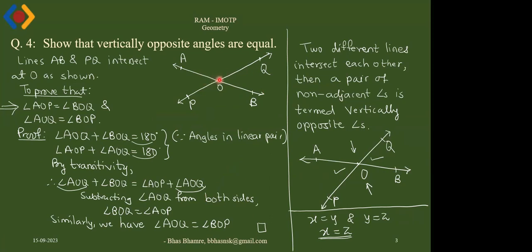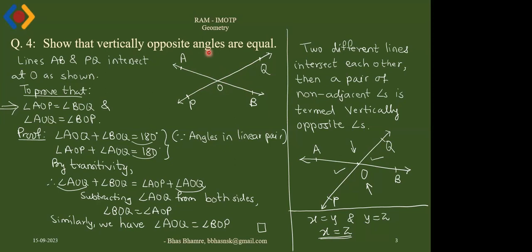But we are not going to consider straight angles. So AOQ, BOQ, BOP, AOP are the angles. If I consider AOQ and BOQ, these are adjacent angles. AOQ and AOP are also adjacent. So with AOQ, AOP can't come, BOQ can't come. The rest is angle BOP. So angle AOQ and angle BOP are vertically opposite angles.